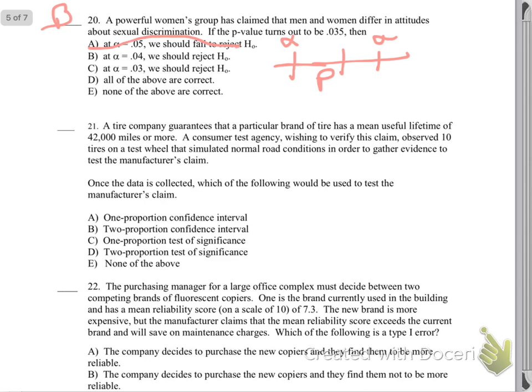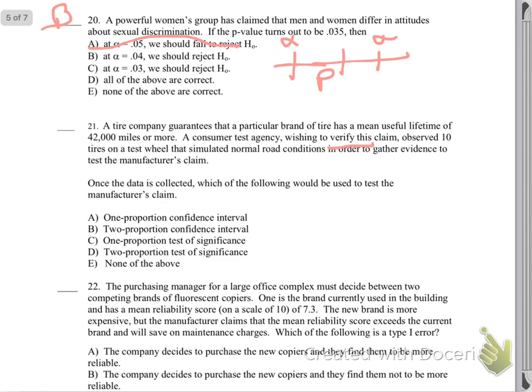Okay, a tire company guarantees that a particular brand of tire has a useful lifetime of 42,000. Which of the following would be used to test the manufacturer's claim? Remember, we want to verify the claim. Observe 10 tires on a set.